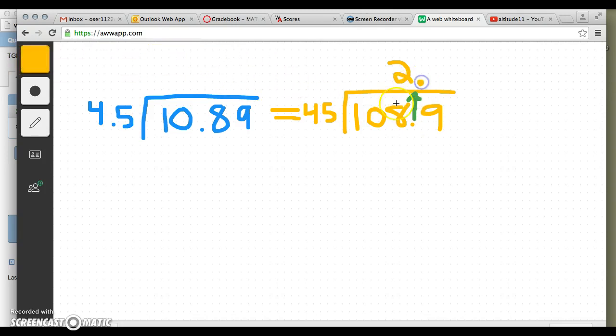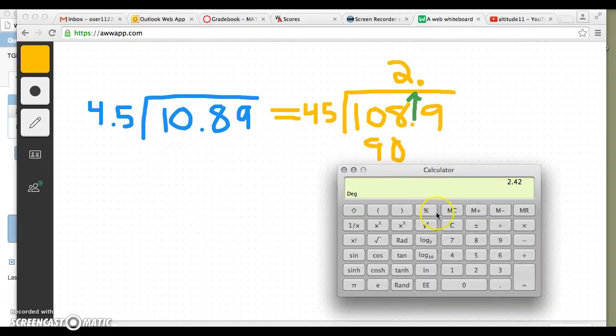All right. And since 45 goes into 108 two times, that's going to go right above the 8, the last digit in the number 108. And 45 times 2 is 90. All right, so now we subtract 108 minus 90.